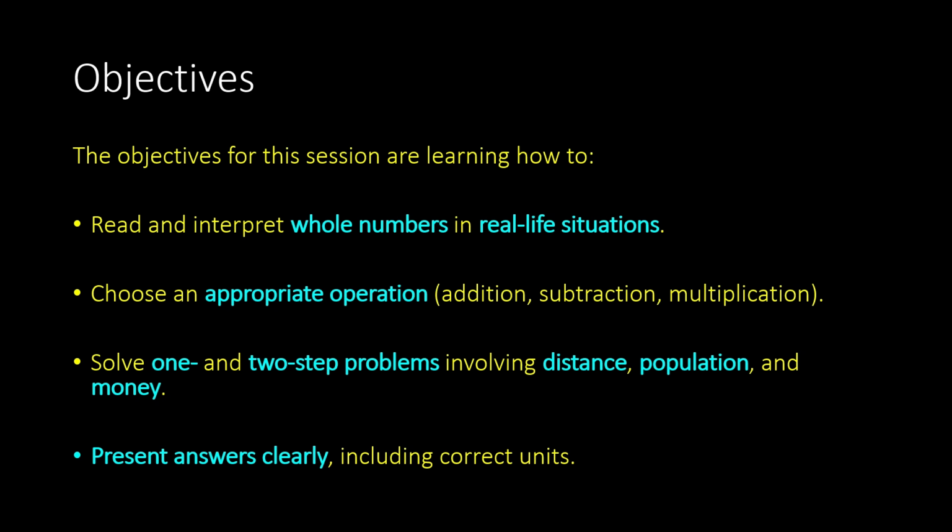When you solve each problem, focus on two key points: selecting the correct operation and stating your final answer with the correct unit, such as kilometers, people, or pounds, etc. Before we begin, let's review some terms. Distance refers to how far.